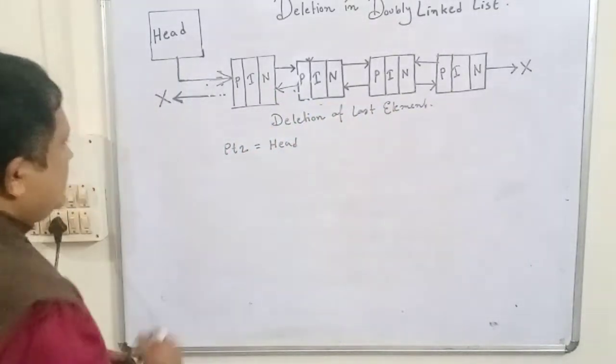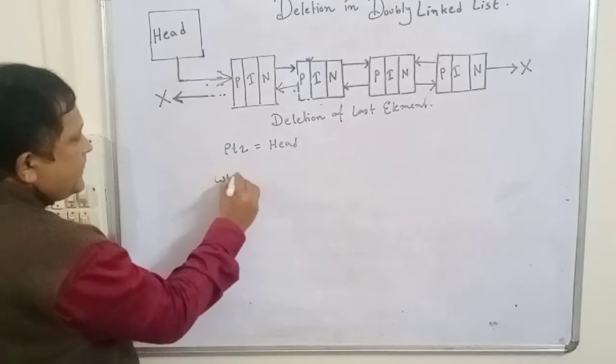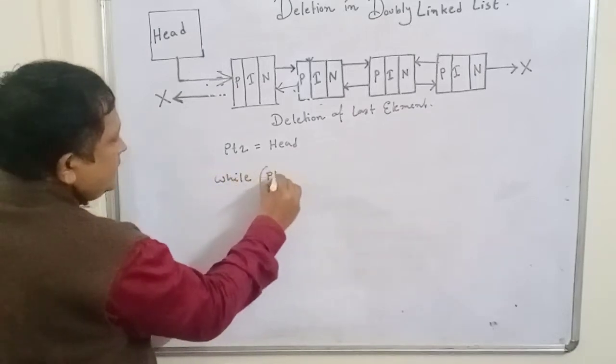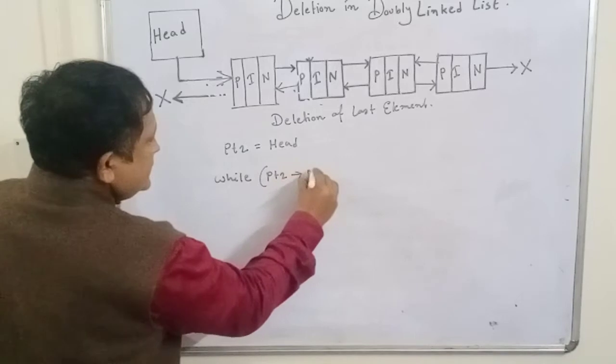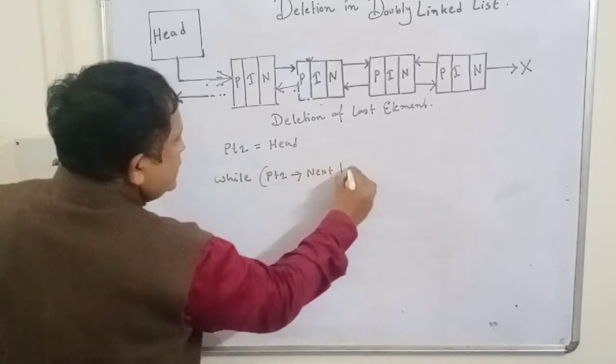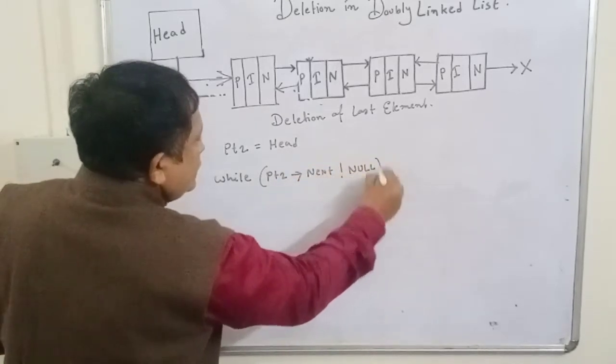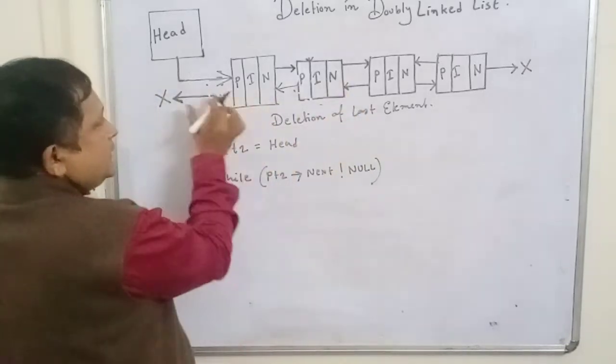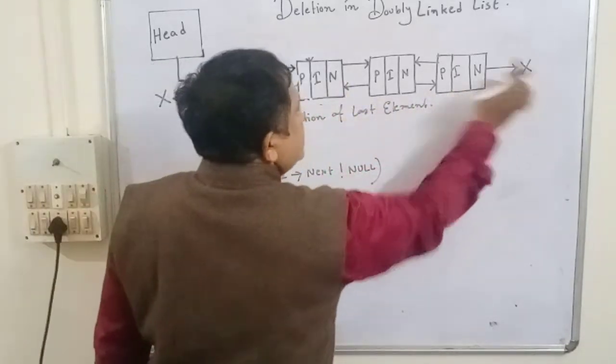How? While PTR arrow next, the next of PTR is not equal to null. When PTR's next equals null, the last node's next will be null.